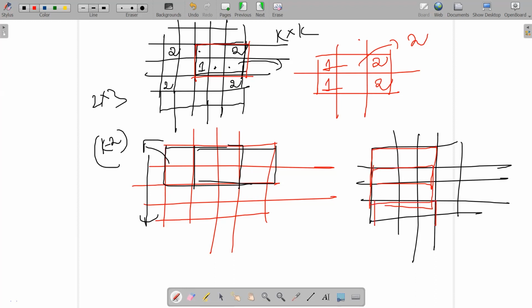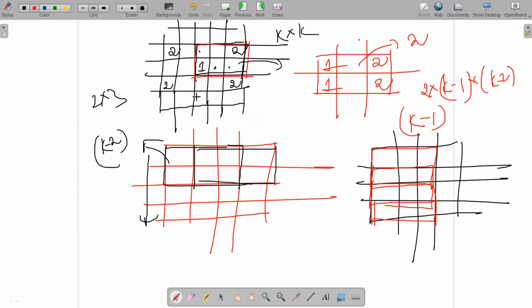So vertically, I can have K minus 1 boards. Total number of boards possible, K minus 1 into K minus 2 again, and 2 configurations for each board. So in how many ways can I place my knights so that they attack each other?